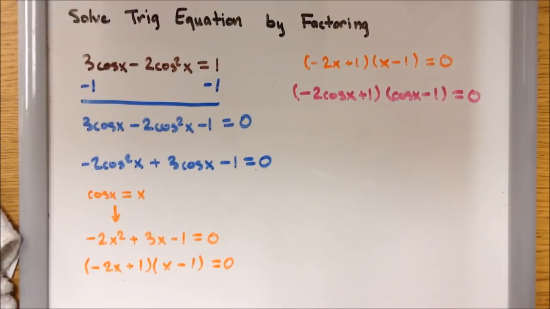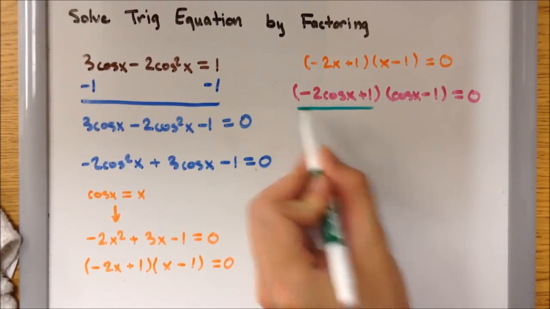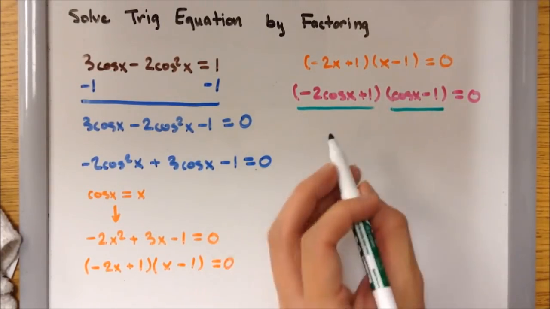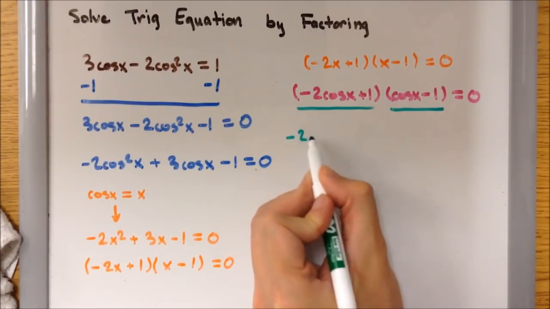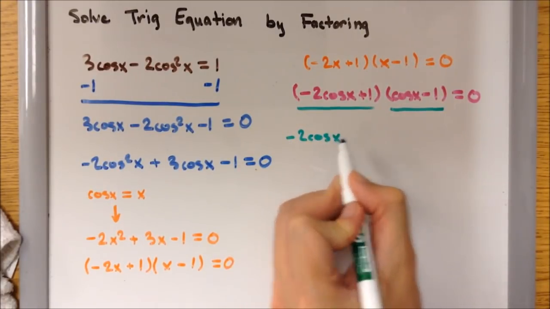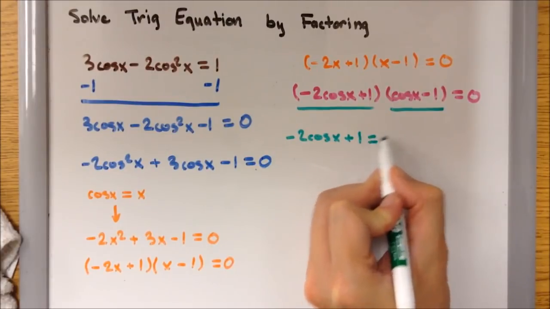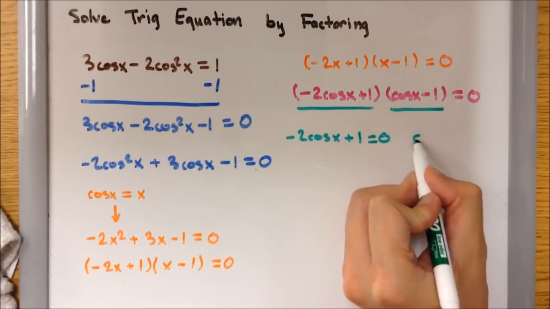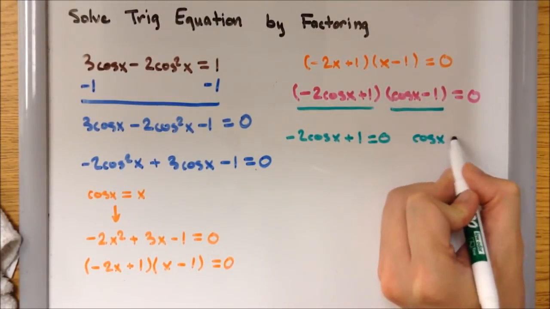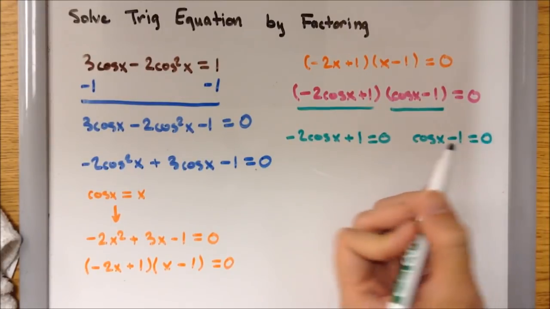So now we have our two factors, which I'm going to underline. I'm going to set them both equal to 0, so negative 2 cosine of x plus 1 equal to 0, and then cosine of x minus 1 also equal to 0.